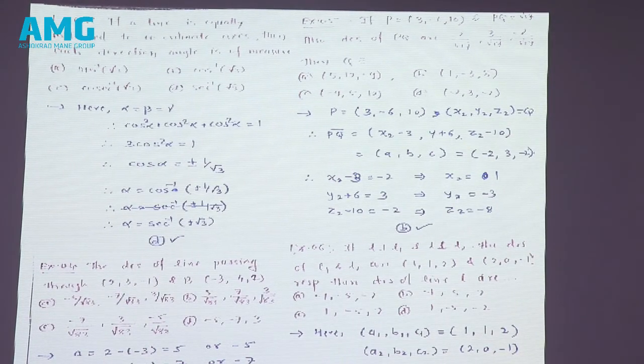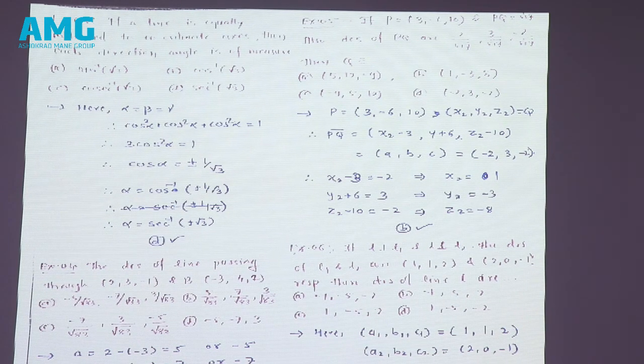Okay. We come to the point P. P point is 3, minus 6, 10, and consider Q point as x2, y2, z2. Therefore PQ bar is given by x2 minus 3, y2 plus 6, z2 minus 10.